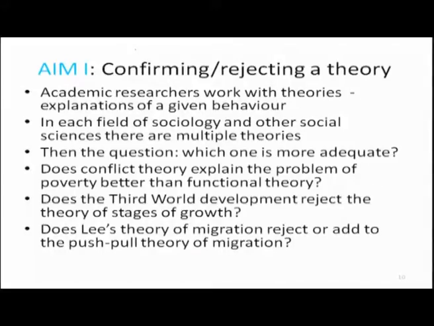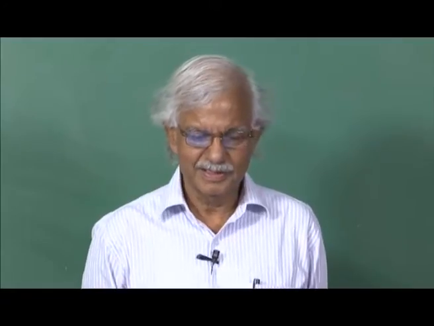There are macro level theories, micro theories, grand theories, and in each field of sociology and other social sciences there are multiple theories, substantive theories, which explain not the master processes of change, but something specific. Substantive theory of migration, for example, or substantive theory of fertility. Then the question, which one is more adequate? You have to choose a theory, or you can make a combination of theories.